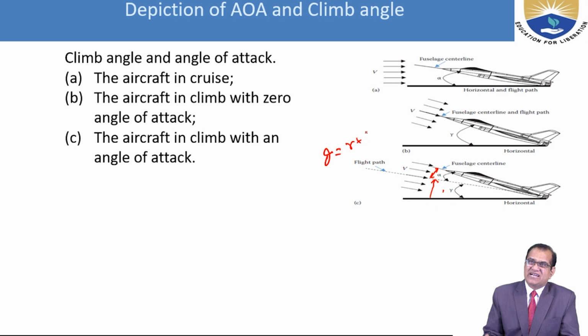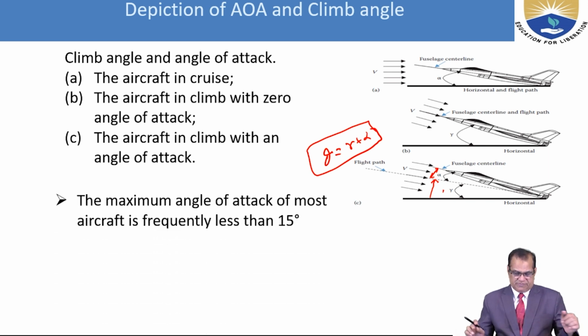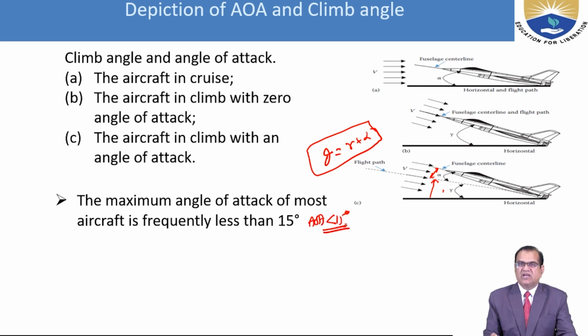We can say that the aircraft is pitching with theta. That is very important to understand in all these concepts. The maximum angle of attack of most aircraft is frequently less than 15 degrees.